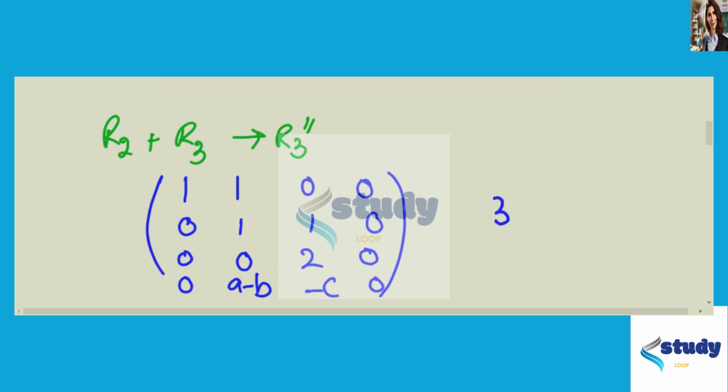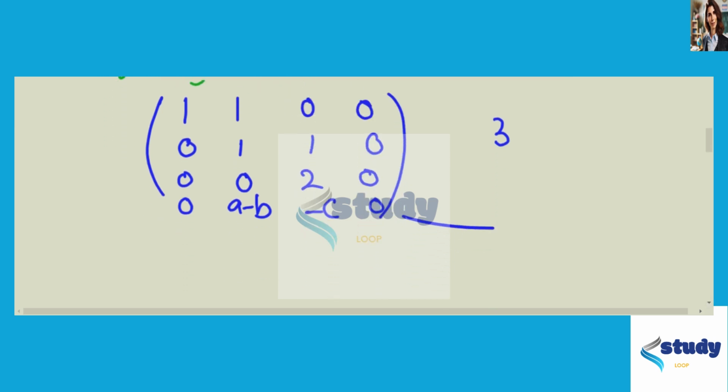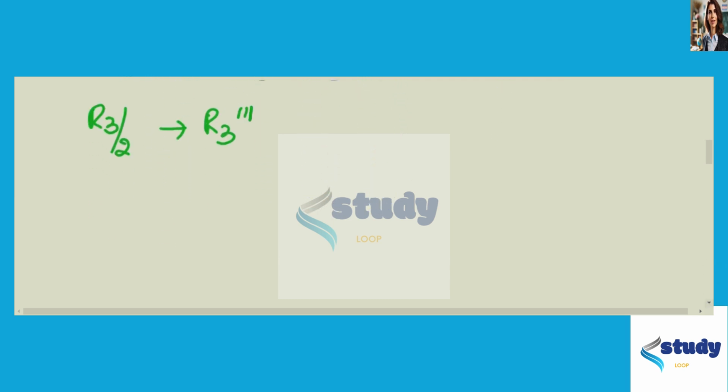Now we apply another row operation: divide the third row by 2, which gives a new third row. We have 1 1 0 0.